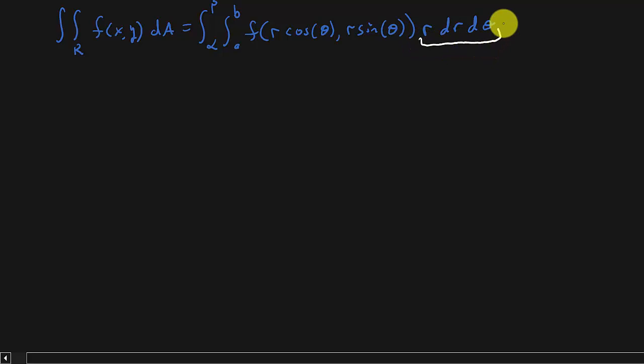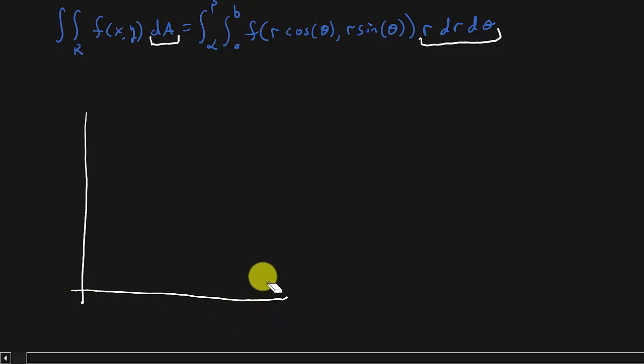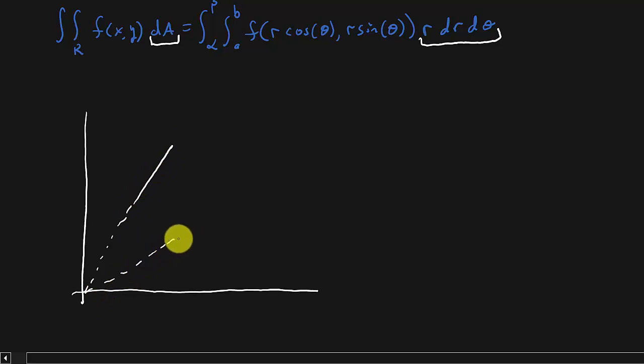Let me show you how that comes in, how we go from this to this. All right, so let's suppose we have this right here, this is d theta.